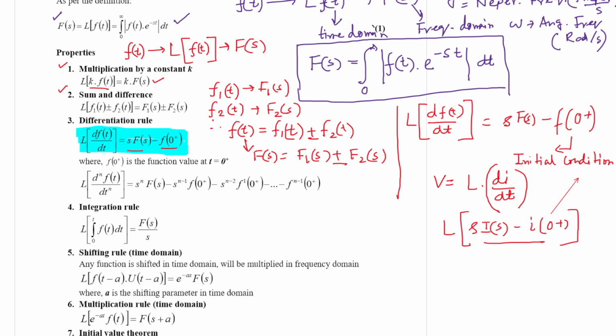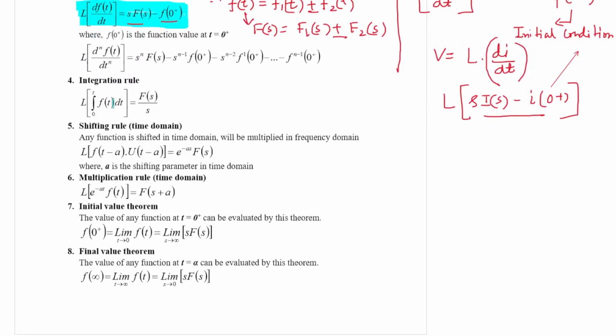Now similarly, we have an integration rule. If we have an integration like this, the Laplace transform of the integral from 0 to t of f(t) dt, we can apply the Laplace transform rule that it becomes F(s)/s, simply F(s)/s. So you can get a direct application: the voltage drop across the capacitor. The formula is 1/C times the integral from 0 to t of i(t) dt.